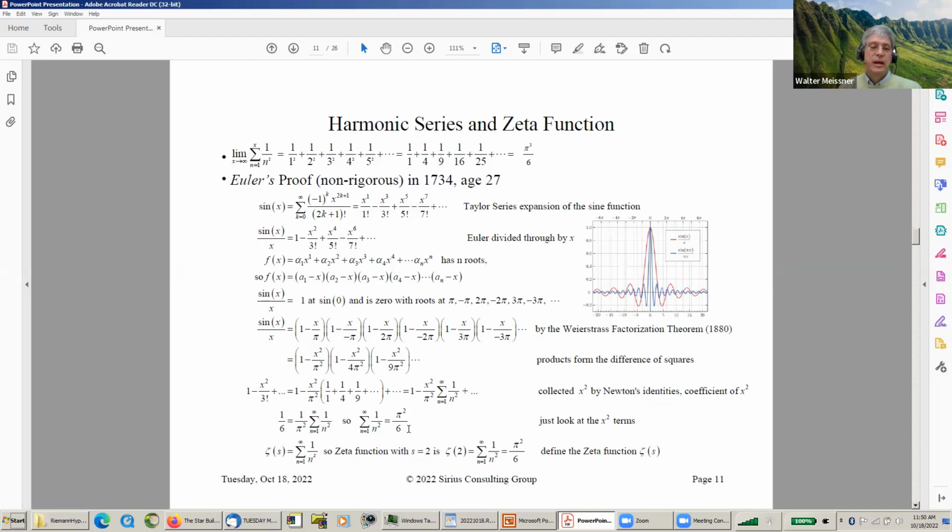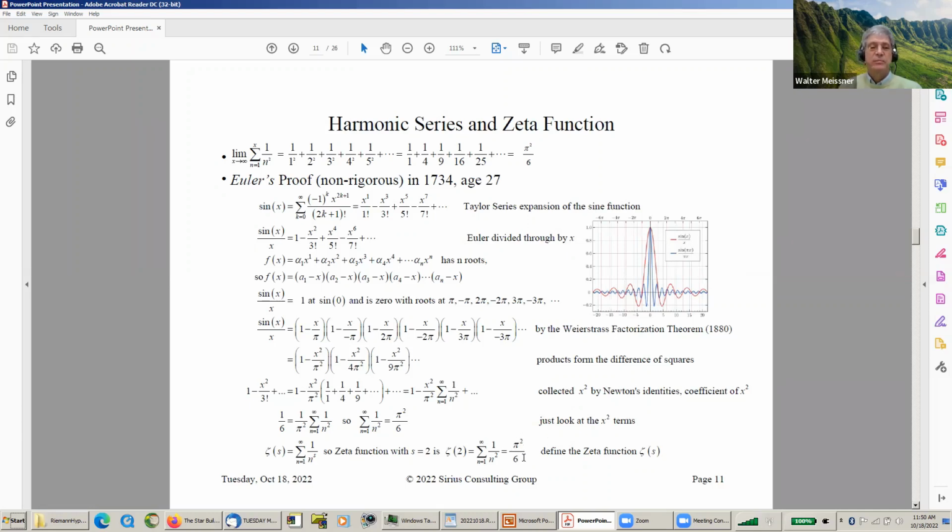Now what he decided to do is generalize it and call these summations zeta of s. So if you take zeta of s, which would be 1 over n to the s summed up, then zeta of 2 would equal pi squared over 6.